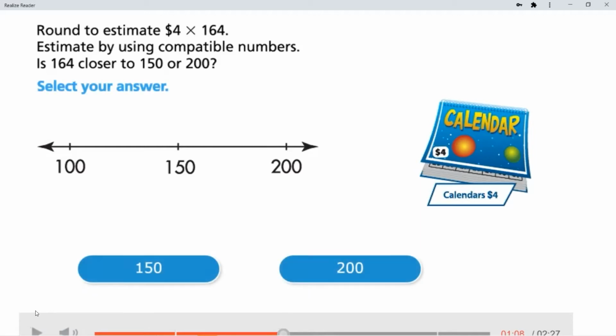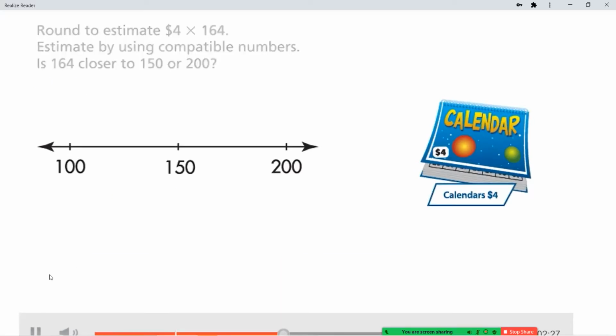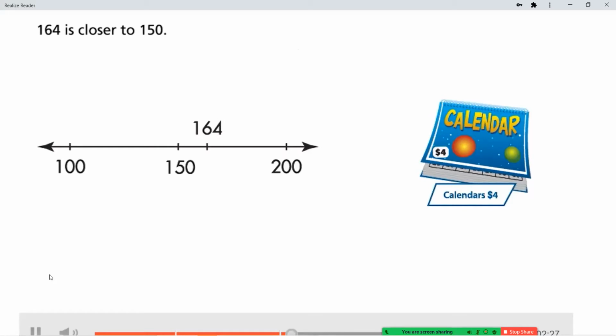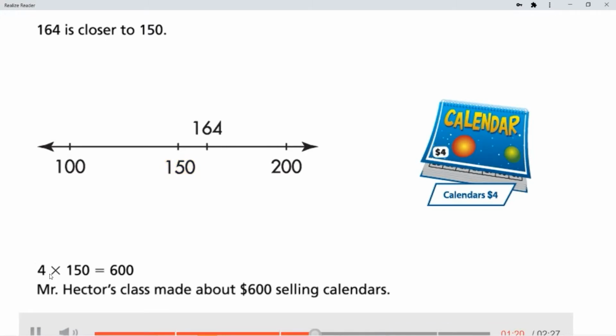Select your answer. 164 is closer to 150. 4 times 150 equals 600. Mr. Hector's class made about $600 selling calendars.